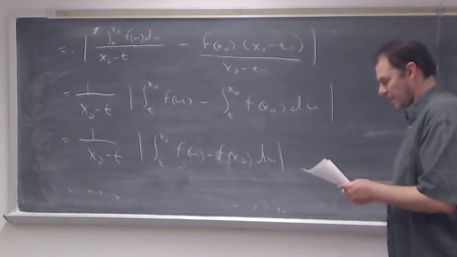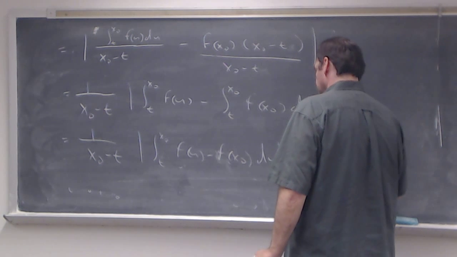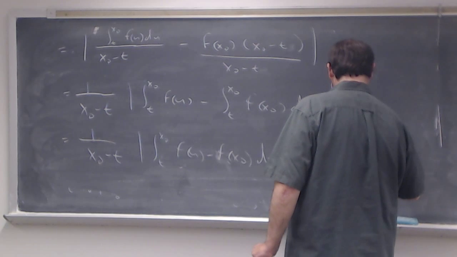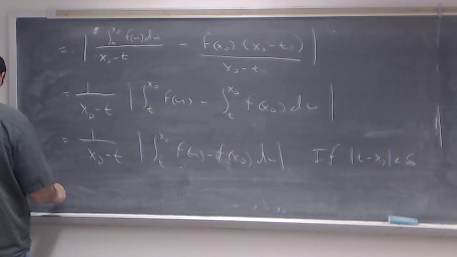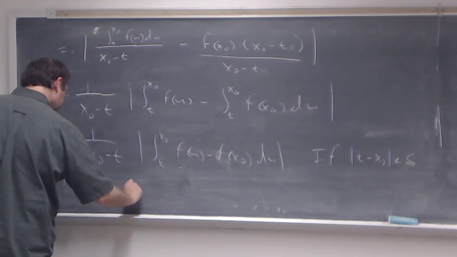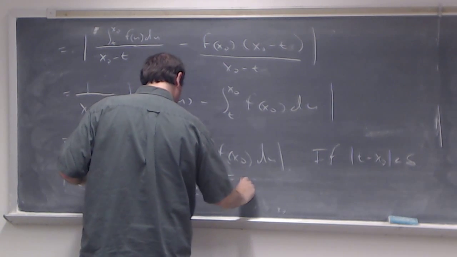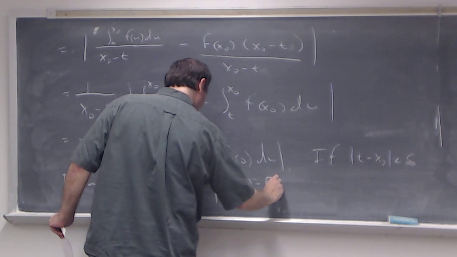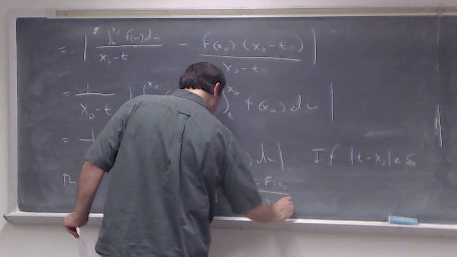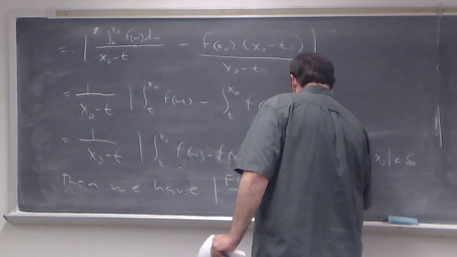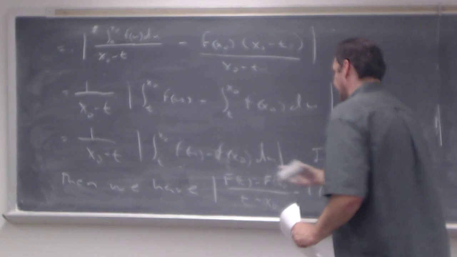All right, and here, if |t − x₀| is less than the delta because of the continuity of little f, then the absolute value of (F(t) − F(x₀))/(t − x₀) minus little f(x₀) will be equal to, I'm just going to write down this line here.